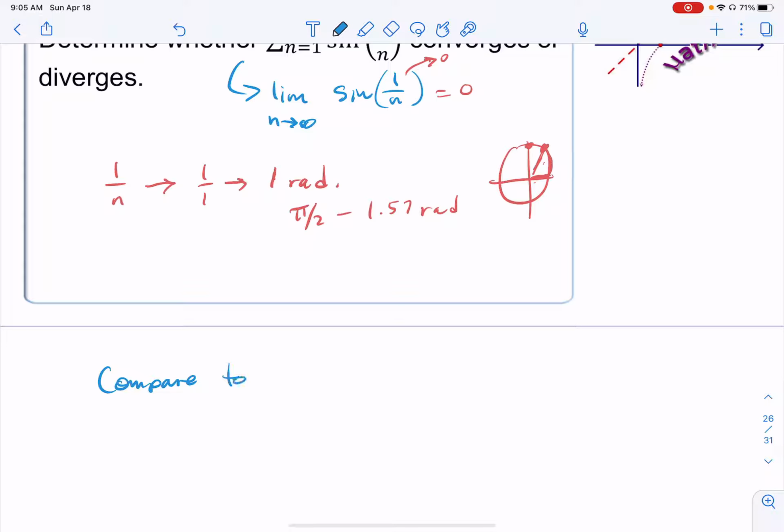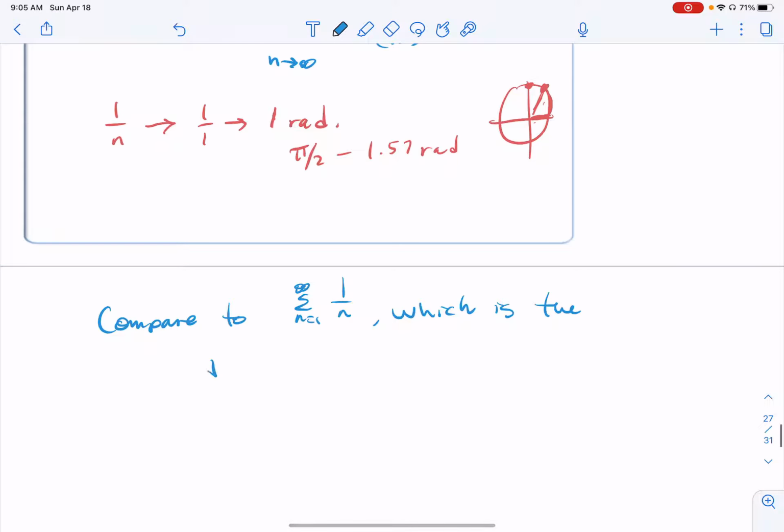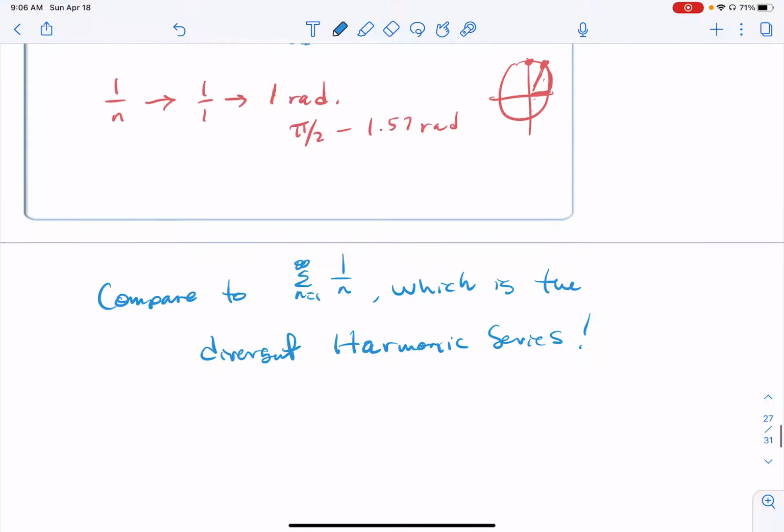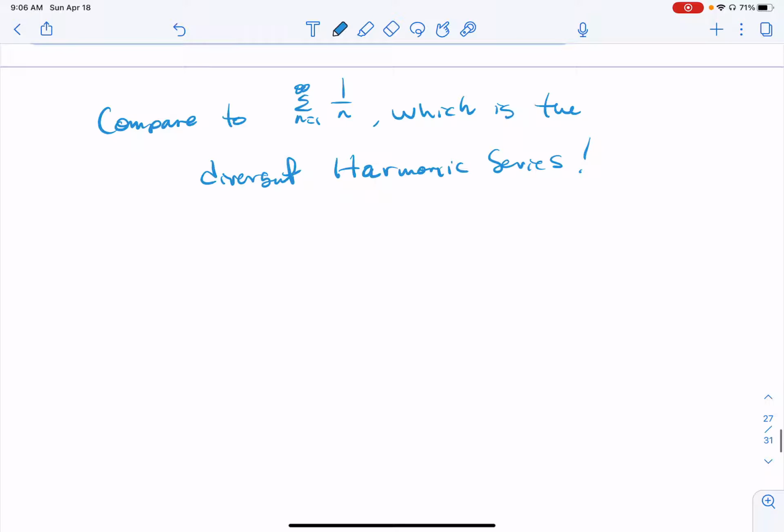Compare to the sum from n equals 1 to infinity of 1 over n, which is the divergent harmonic series. Don't forget your capital letter. Does it deserve an exclamation point? Probably it does not.